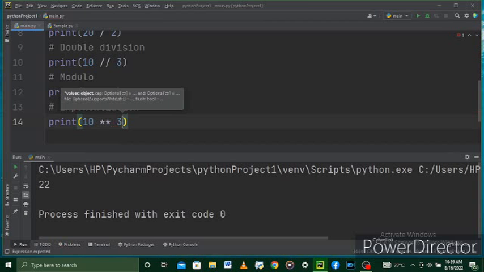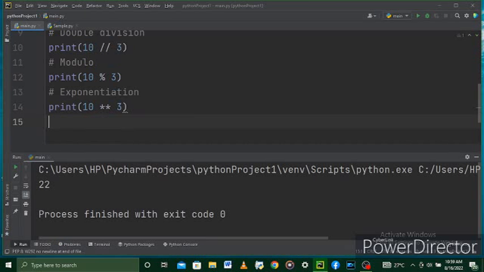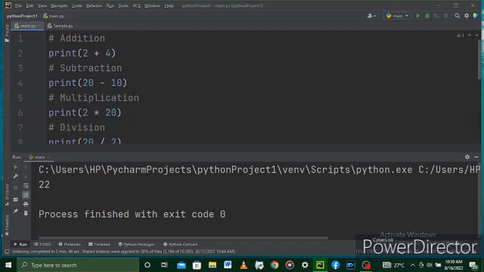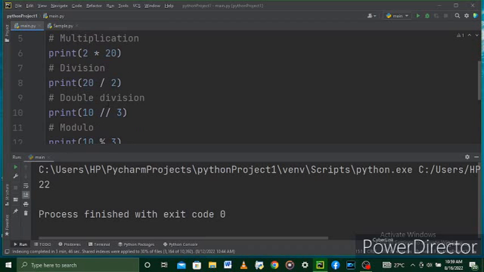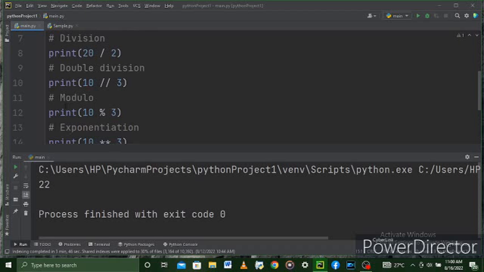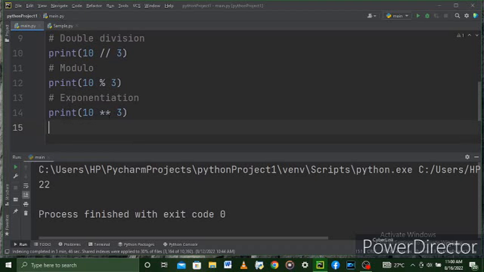So these are the basic arithmetic operators we have in Python: the addition, the subtraction, the multiplication, the division, the double division. Like I told you, this only returns the whole number and truncates the remainder. Then the modulo only returns the remainder and truncates the whole number. Then the exponentiation is where a particular number is raised to another one. In this case, this 10 will be raised to the power of 3.